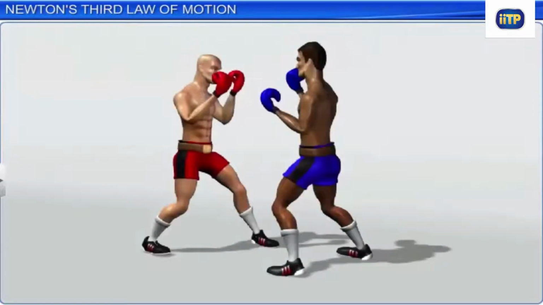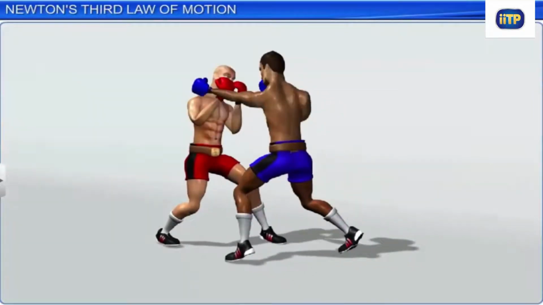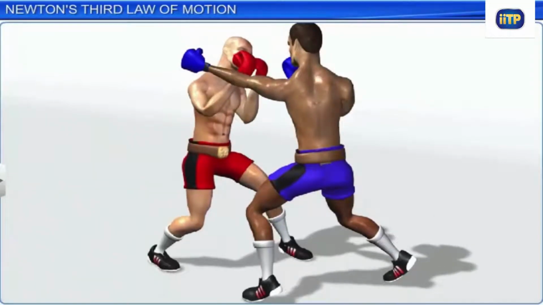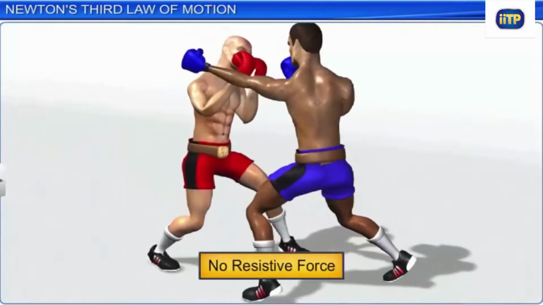A boxer tries to land a heavy punch on his opponent. The opponent intelligently sidesteps from the line of action of the punch. The punch goes waste. The boxer could not apply the force in the absence of a resistive force opposing it.